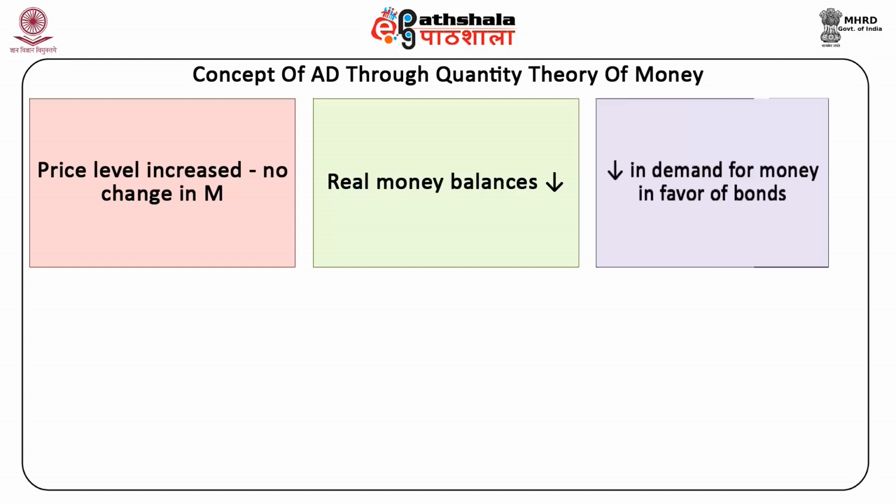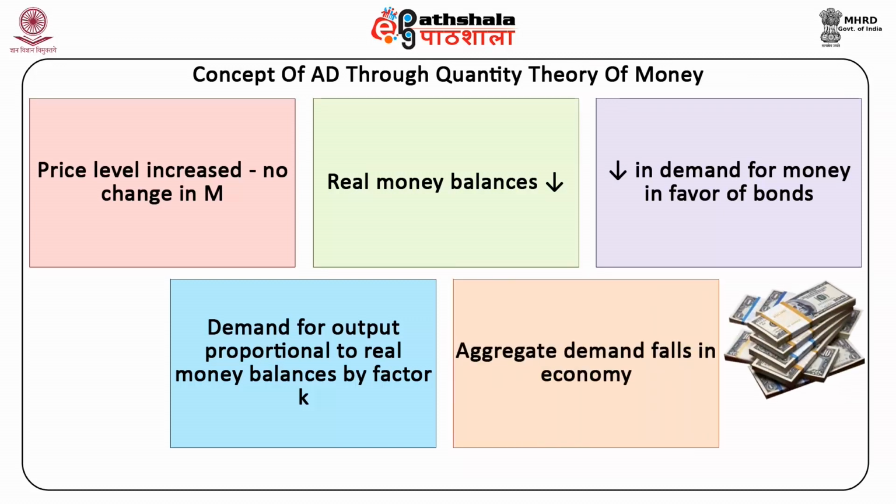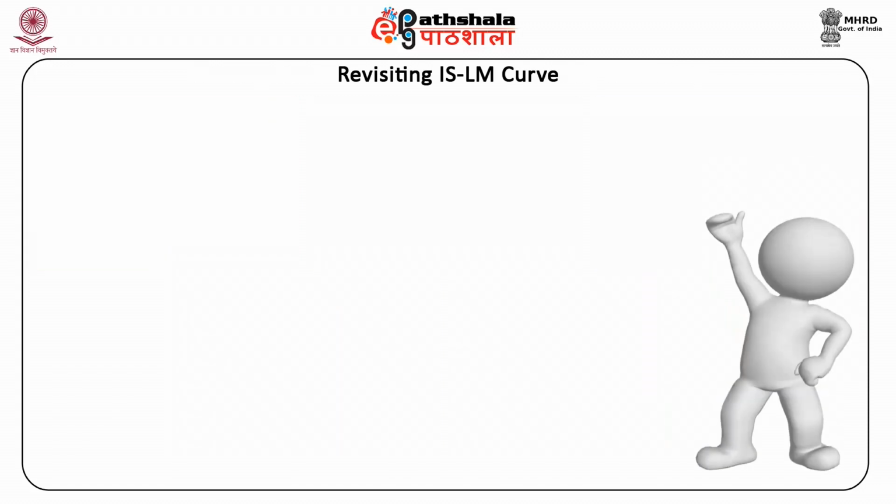This leads to a fall in the demand for money in favor of bonds. Since demand for output is proportional to real money balances by a factor of K, aggregate demand also falls in the economy. Now, let us revisit ISLM curve.